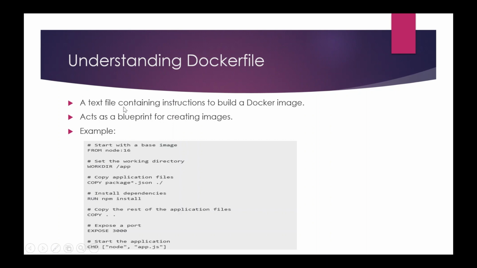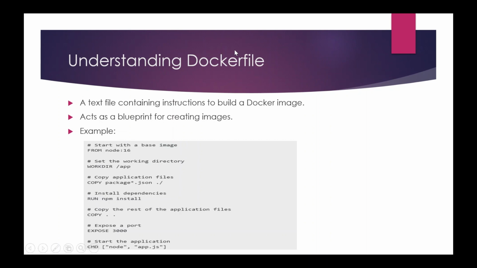This is just a text file which will contain all the instructions to build one Docker image. Suppose you are building a Docker image, you will have to write some commands. You can say you will have to write the instructions to build that image.